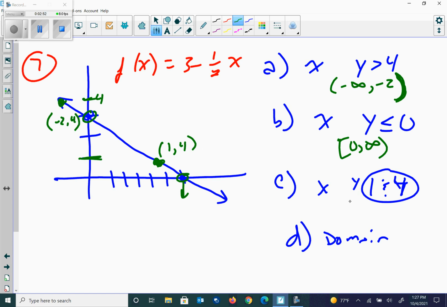So my values for x are going to be -2, and it's going to be rounded bracket 2. Sorry, that's 4 comma 1. -2 to 4, or -2 to 1. That's what we're looking for. The domain of this entire thing would go from negative to positive infinity. We're not really bound on it.